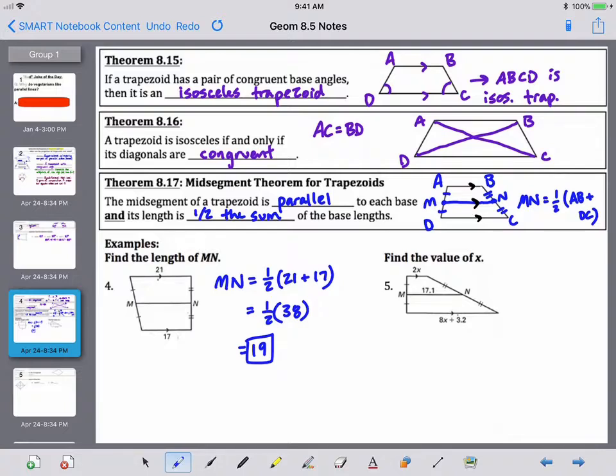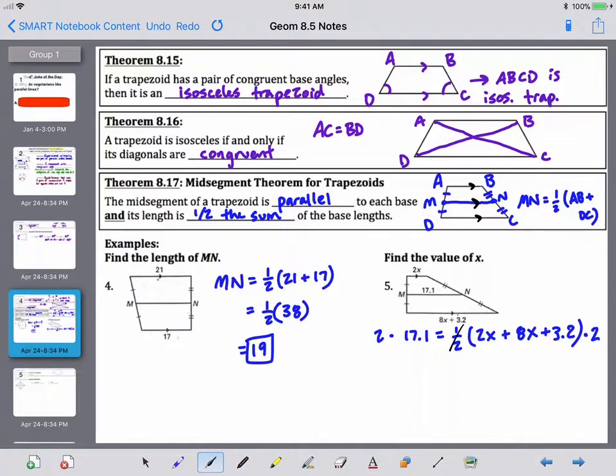You can also use it to set up equations. So in example 5, we can say that 17.1, the length of the midsegment, is equal to half of 2x plus the other base, which is 8x plus 3.2. Now there's a few ways you could go about solving this. What I'm actually going to do is multiply both sides by 2 to get rid of that 1/2.